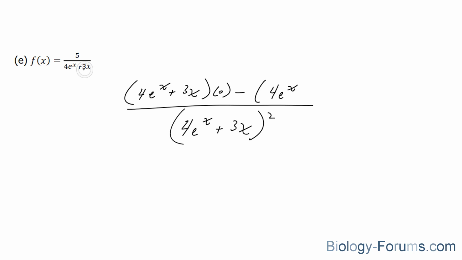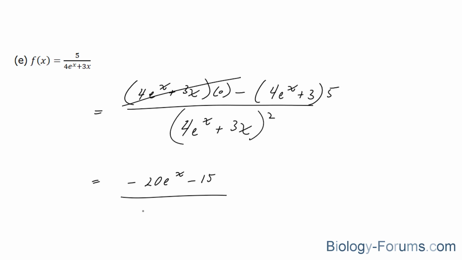And the derivative of 3x is 3. We're going to leave 5 the way it is. We're going to simplify the top. This goes to 0. That goes to negative 20 e to the power of x minus 15, because 5 times 3 is 15, and this is negative. And at the bottom we have 4e^x plus 3x squared.